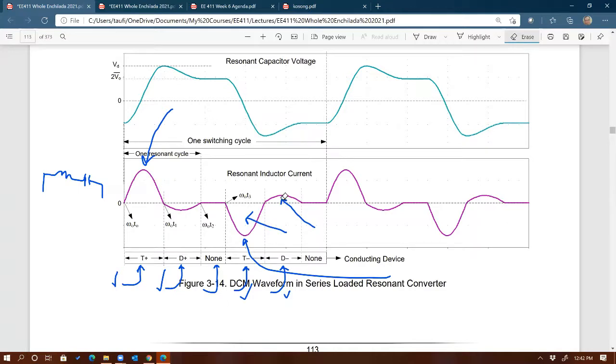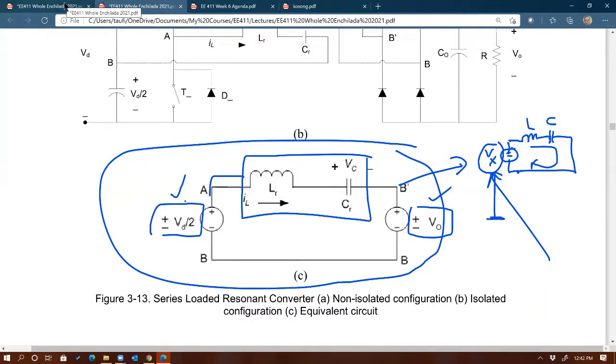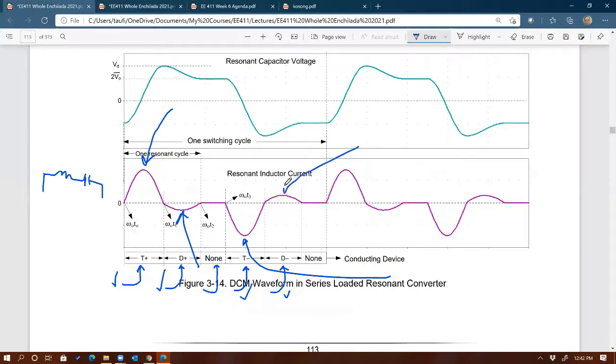Likewise, by symmetry, the magnitude right here corresponds to a new source, a new VX, and that new VX magnitude-wise is the same as this one right there.